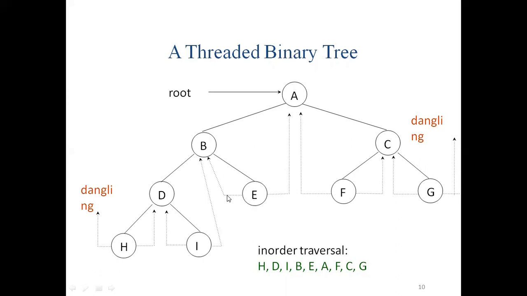And for left child, it will store address of its Inorder predecessor. For node E, Inorder predecessor is node B. So it is holding address of its predecessor. So ultimately, all these nodes are holding address of their ancestor.